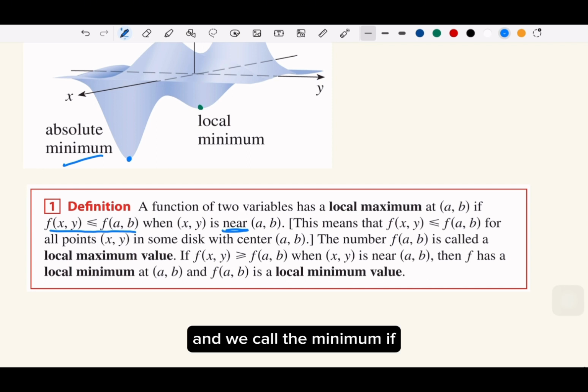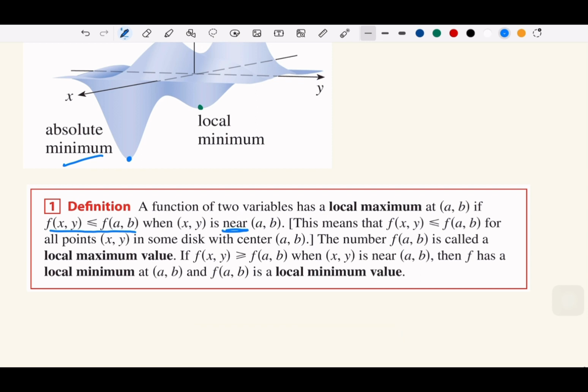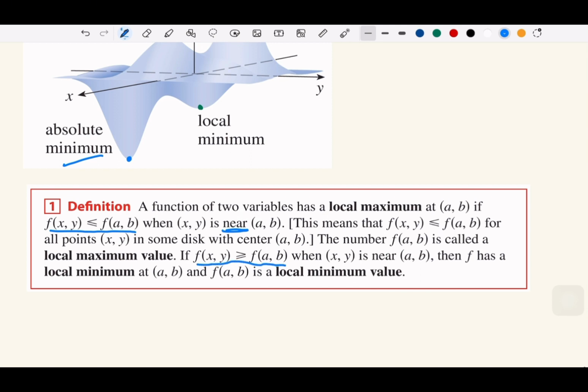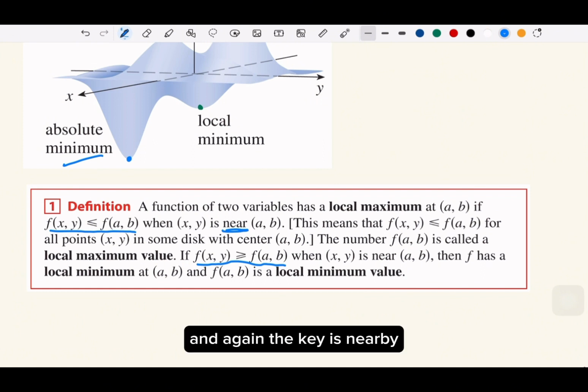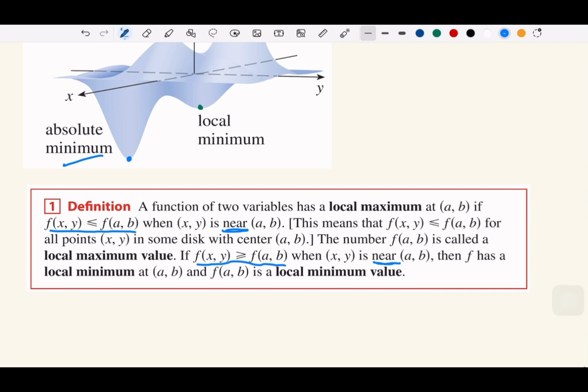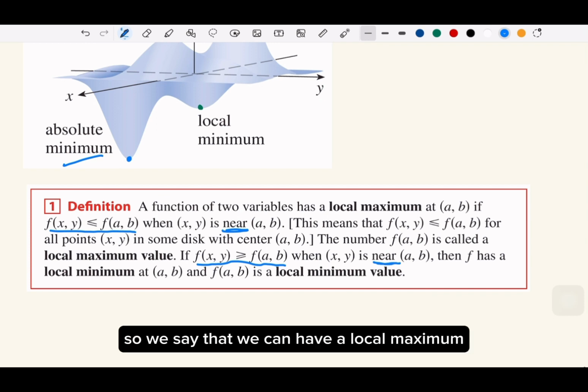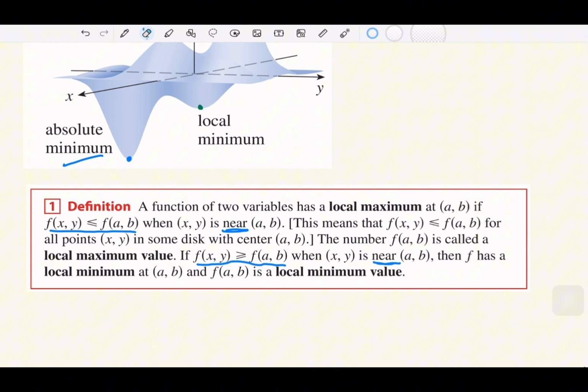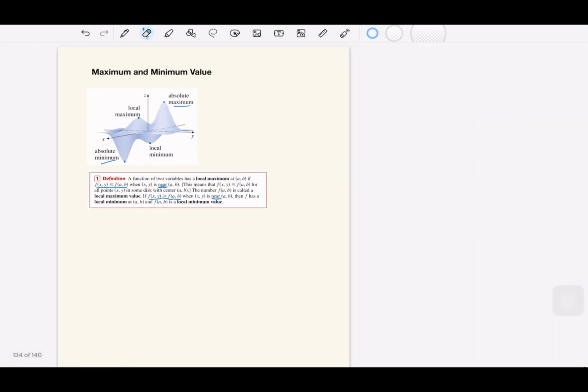And we call it a minimum if the function is greater than or equal to f(a, b). Okay. And again, the key is nearby. Okay. So we can have a local maximum and local minimum. Okay. I think that is very clear for the local max and local min.